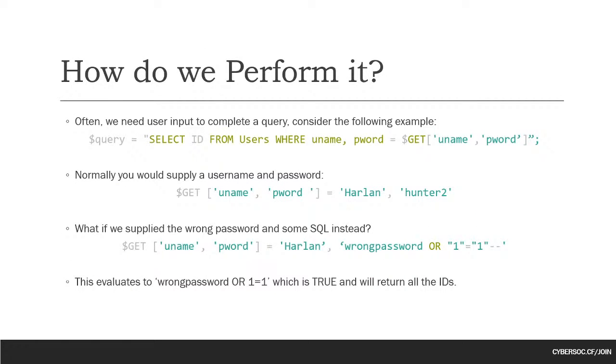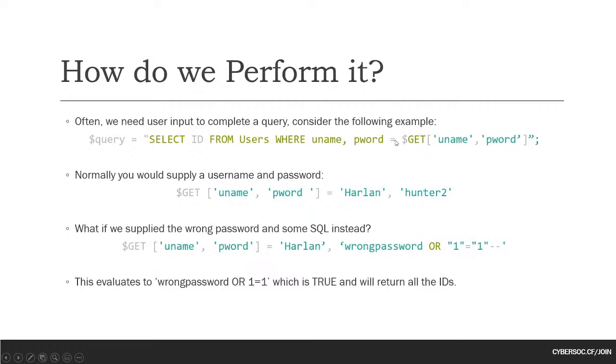So you're probably wondering how we can perform SQL injection. Quite often, when we're querying a database, we need some kind of user input to complete the query. So, for example, say we're trying to get the IDs out of a table. We can query the users table to get the ID where we're given a certain username and password.